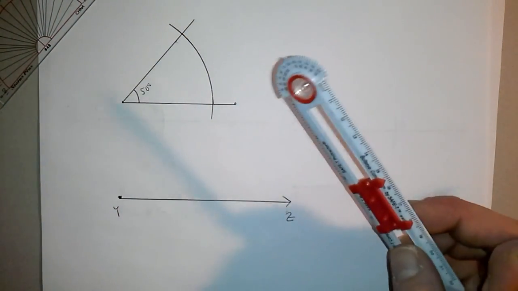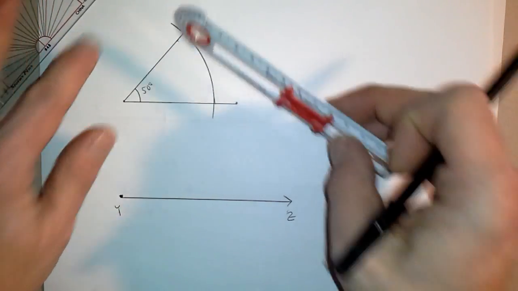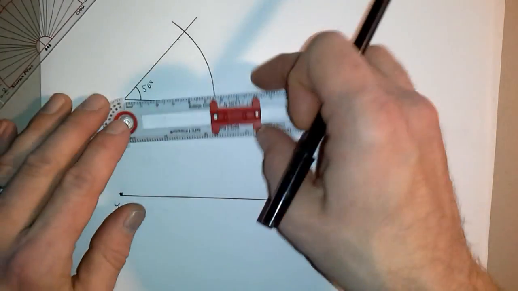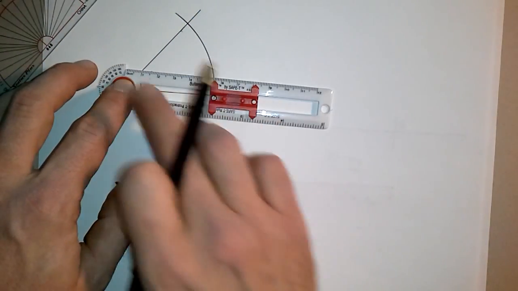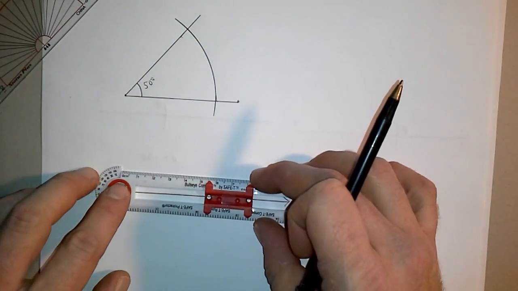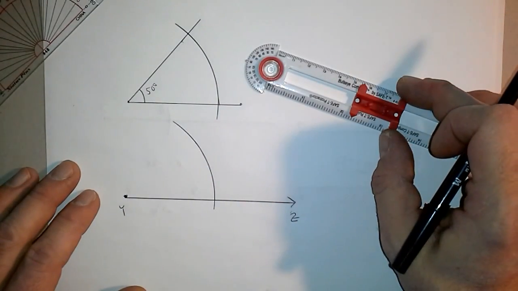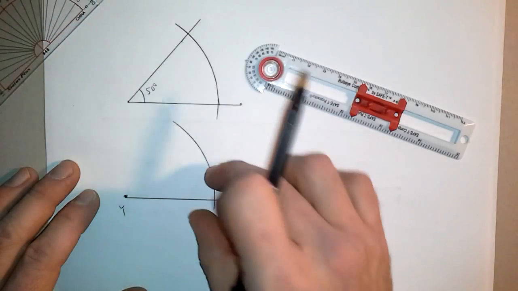Now, a lot of the times when you're doing these things, when you do something like that on your original, you have to do the same step on the one that you're constructing. So now, because I've got this particular arc at this length, I'm going to do an arc here again and just copy that arc over. Okay, that's the first step, because I'm trying to reconstruct what I've got there.